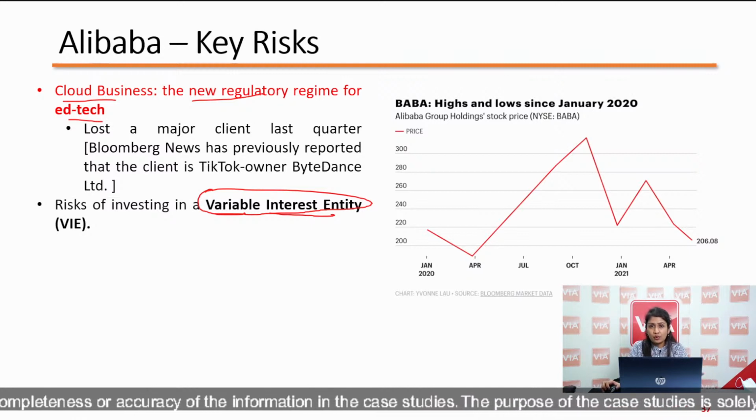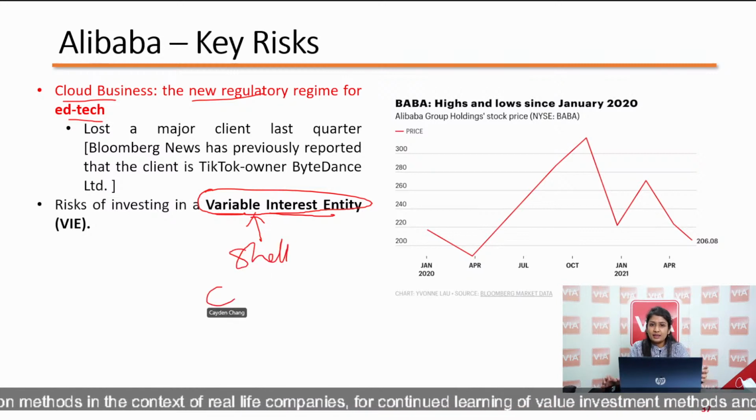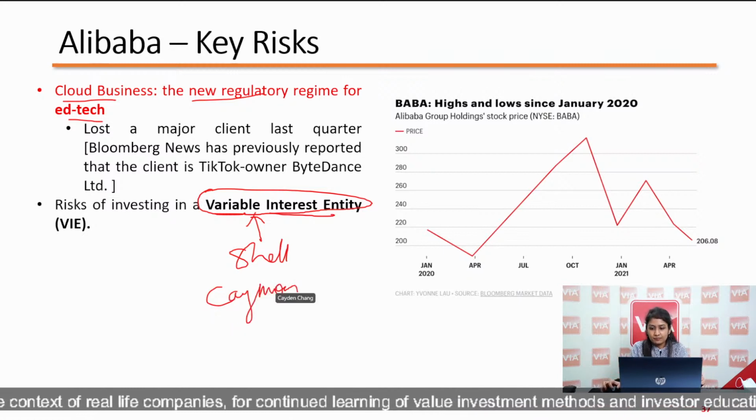Now, let me explain how this works. Most Chinese companies are not allowed to have any foreign ownership. So, to circumvent this law, if a Chinese company wants to get listed outside of China, it does so through a VIE. And under this structure, the company creates a shell company in the Cayman Islands, which is also named, let's say for our example, Alibaba.